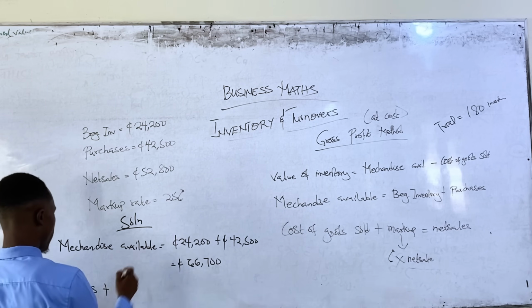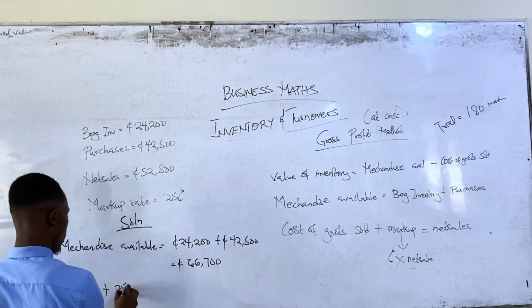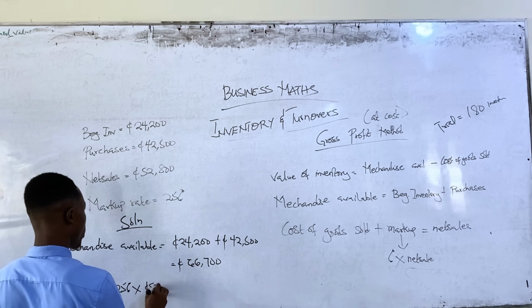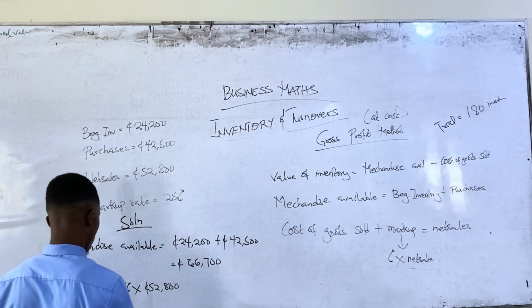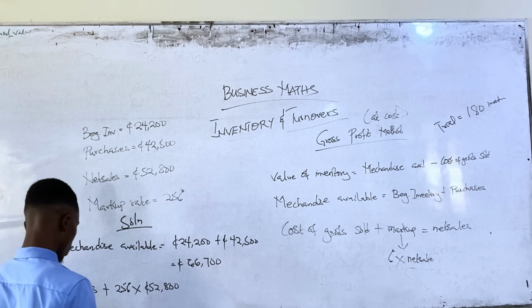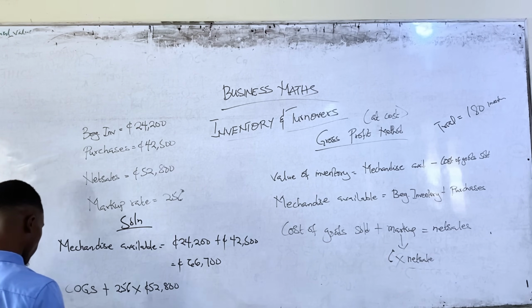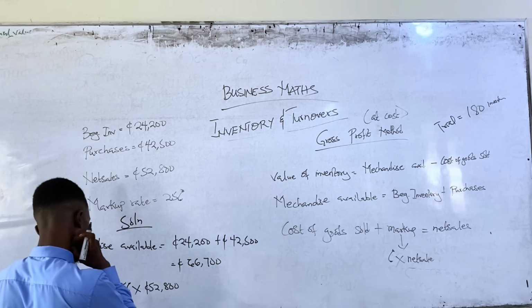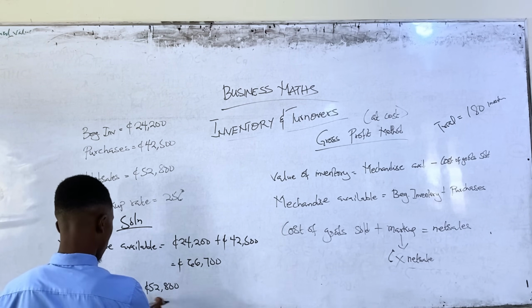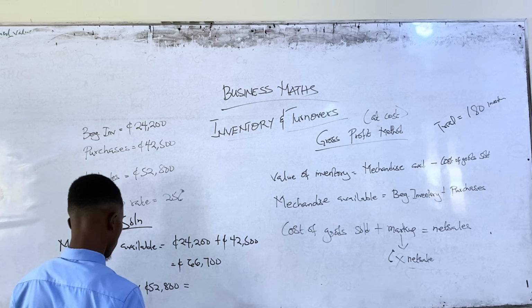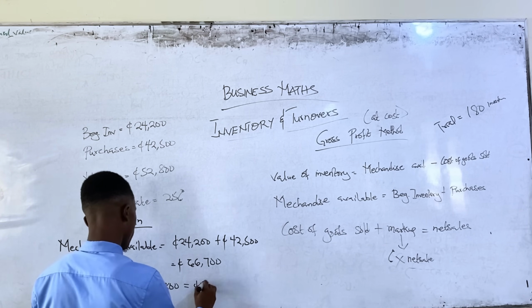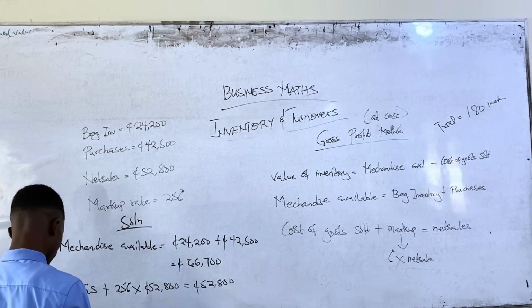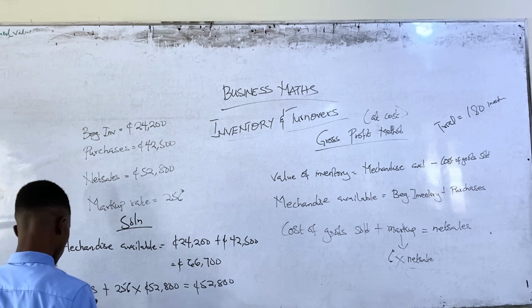The percentage was given as 25%, multiplying the net sales, 52,800, equal to net sales again, 52,800.